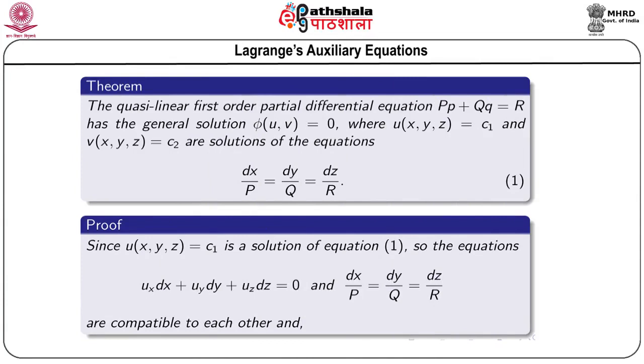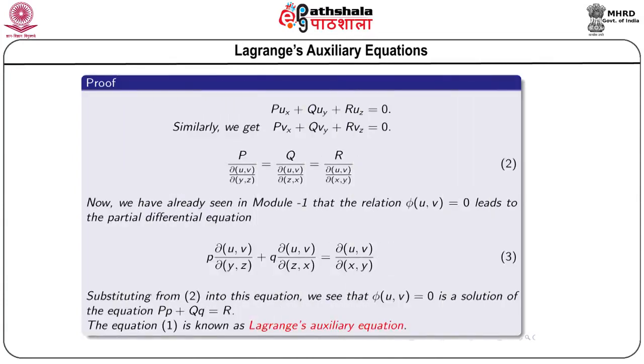So, we obtain that phi(u, v) equals 0 is a solution of the quasi-linear equation Pp plus Qq equals R, where u and v are the solution of the simultaneous equation 1 which is known as Lagrange auxiliary equation.